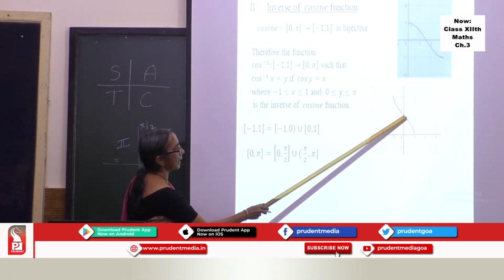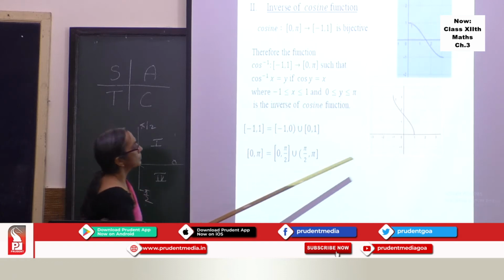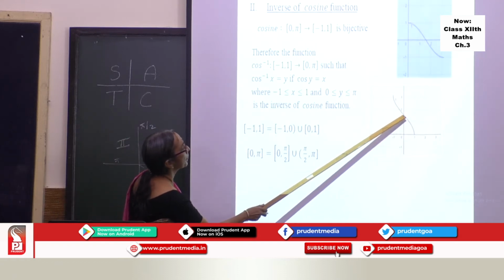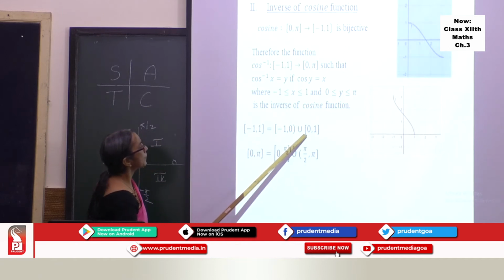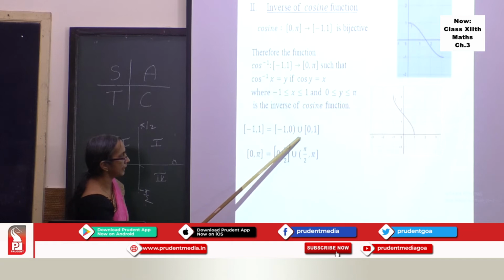This is pi by 2, approximately 1.57. So if it is a value between 0 and 1, cos inverse is lying here like this.